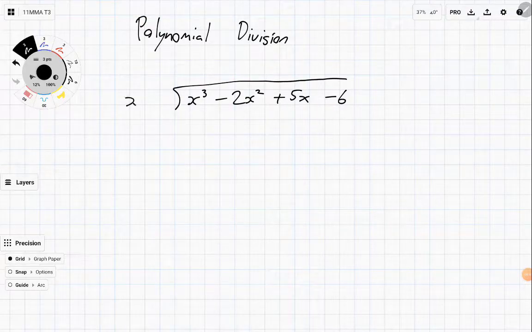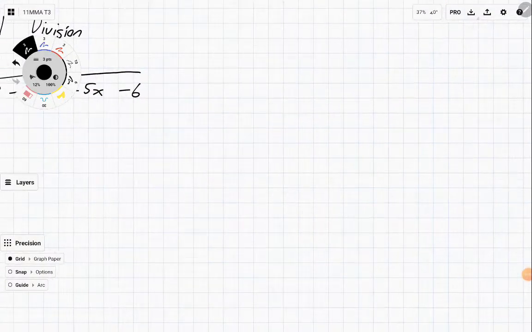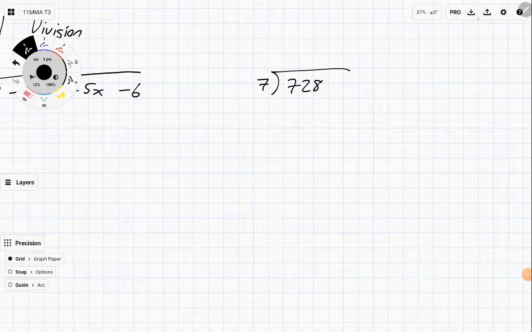And before we go ahead and do long division, let's practice long division. So let's imagine I have the number 728 and I want to divide it by 7. Alrighty. So the first thing to ask is, how many times does 7 go into 7? Well, 7 goes into 7 once, remainder 28. How many times does 7 go into 2?